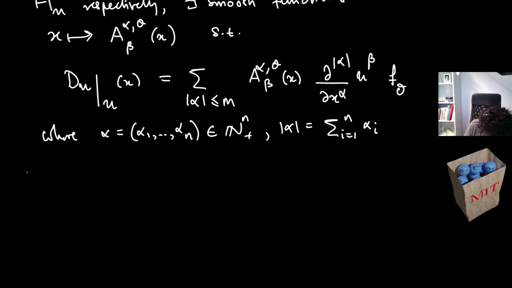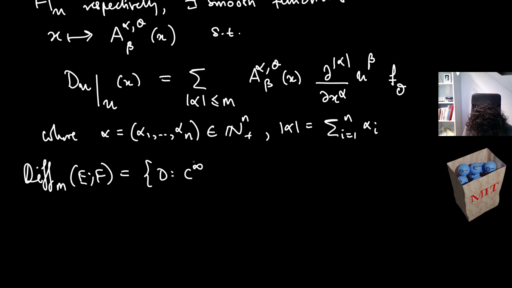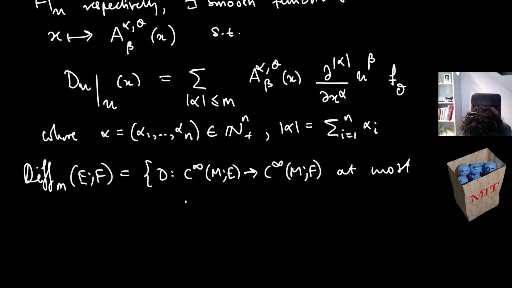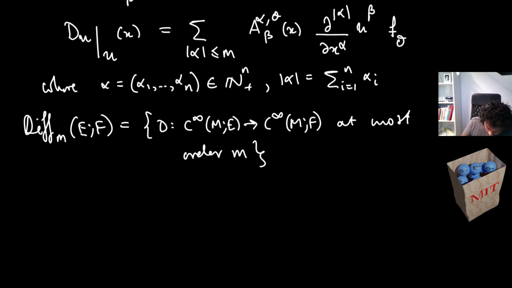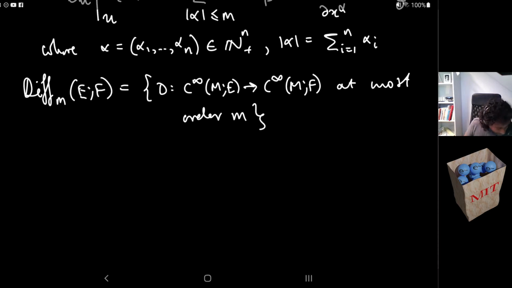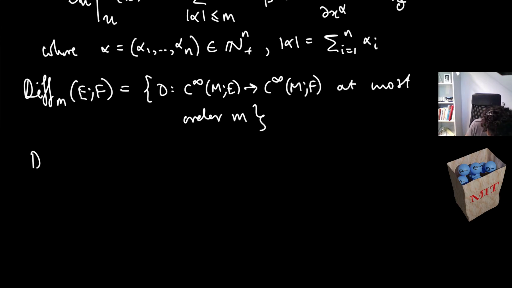So let's define Diff M of E, F to be the set of such operators of at most order M. So it's clear, of course, that a differential operator of at most order M is also a differential operator.